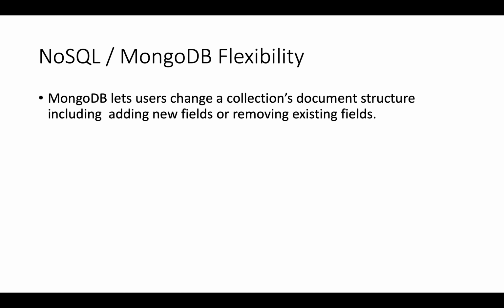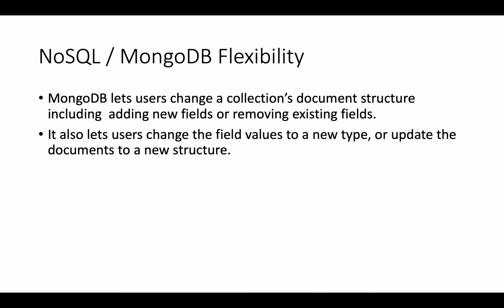MongoDB lets users change a collection's document structure, including adding new fields or removing existing fields. It's not so easy to do in relational databases. MongoDB also lets users change the field values to a new type or update the documents to a new structure.